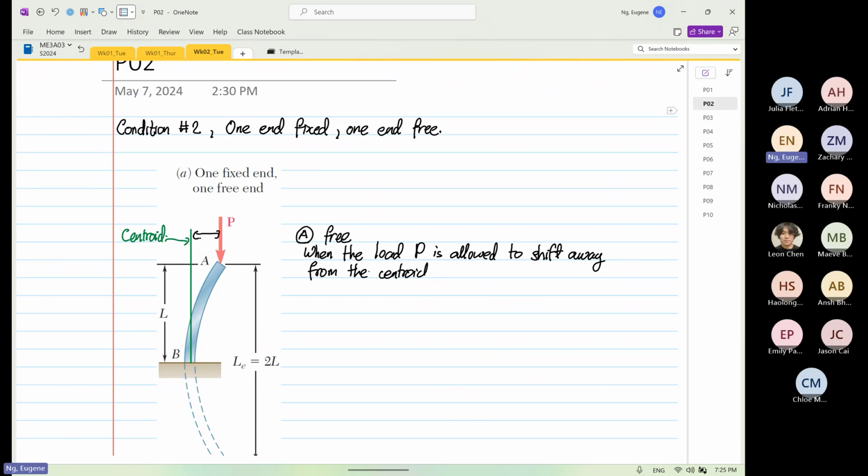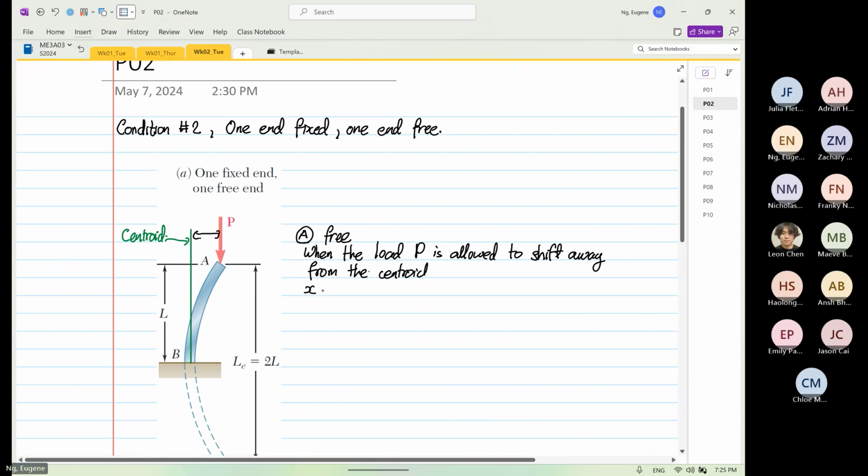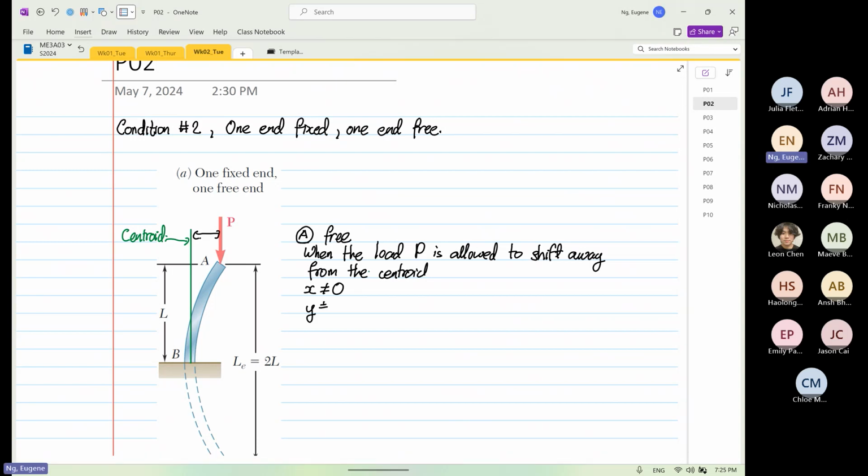So now if we look at the condition at point A, we know that the X direction at point A is not equal to 0. Y direction at point A is not equal to 0. And moment at point A is also not equal to 0, right? Why is that? Because again, how to recognize it as a moment?